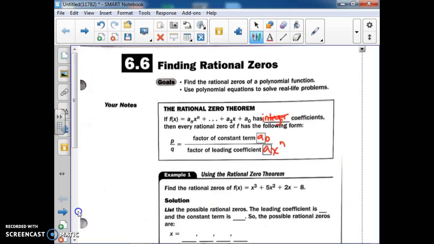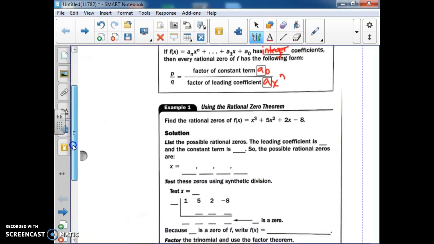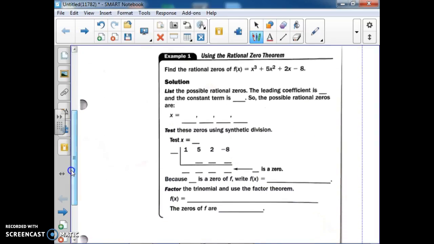All right, so example 1, it says, using the rational zero theorem, we're going to find the rational zeros of f of x, which is x cubed plus 5x squared plus 2x minus 8. Now, it sounds pretty complicated, but all you're doing is taking the factors from the constant term and putting them over the factors of the leading coefficient.